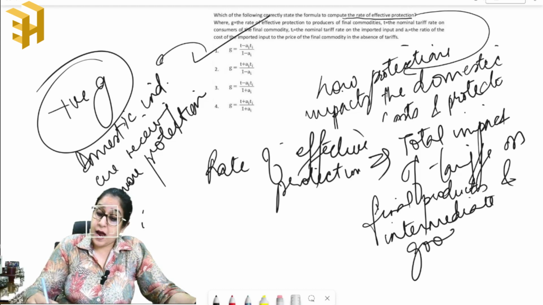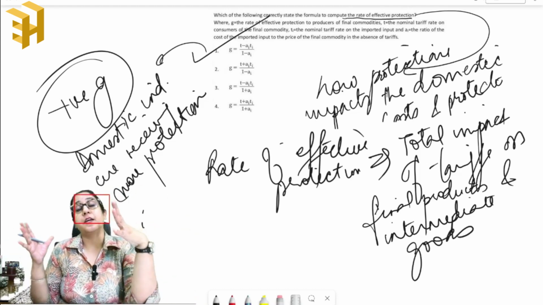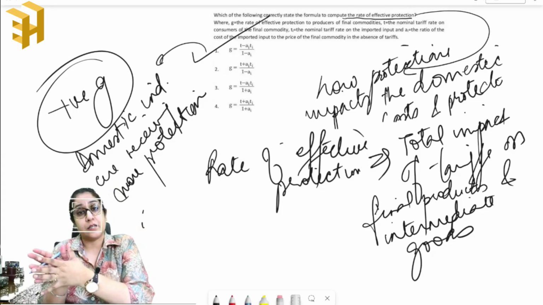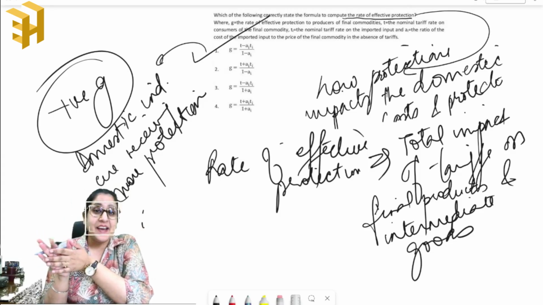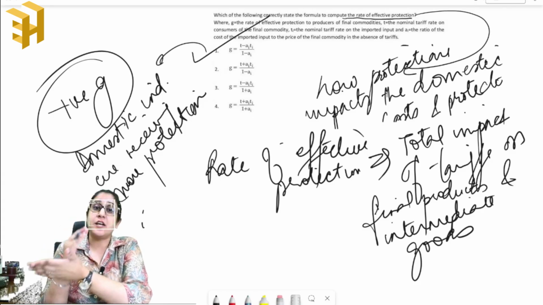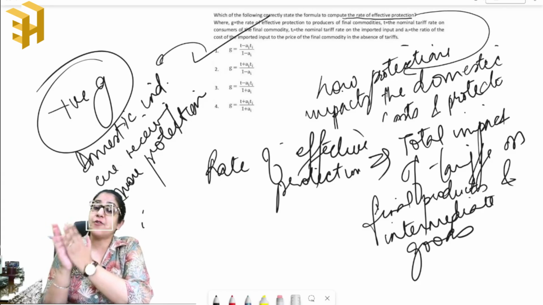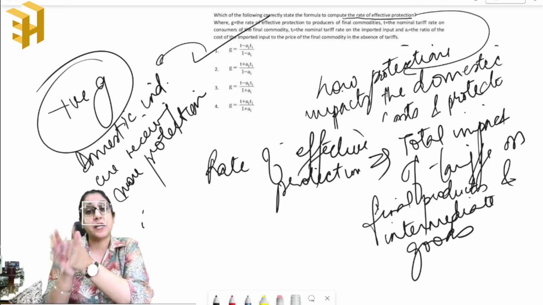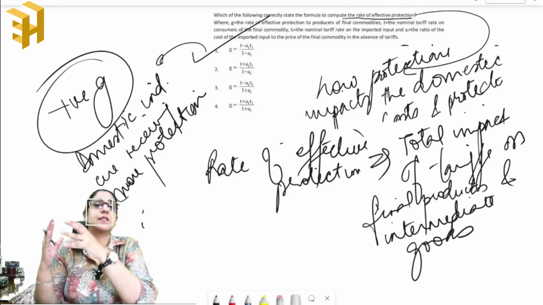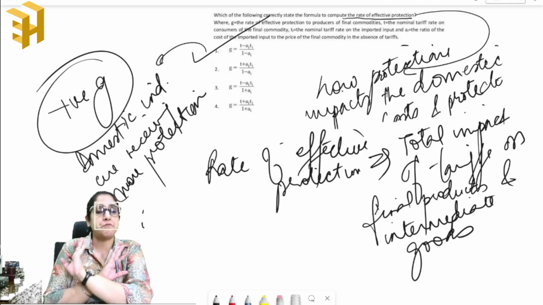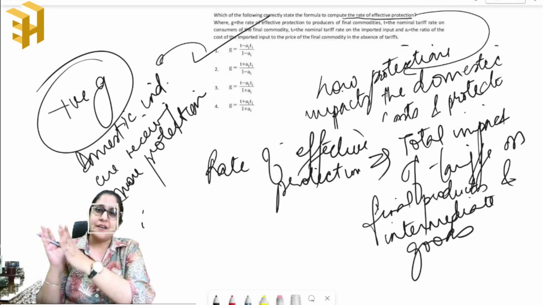So if you have to protect your domestic industries, then tariffs on your final products should be more, right? If your tariffs on inputs are more than the tariffs on final goods, you're just discouraging your domestic industries. You're just increasing their costs of production, which will be absolutely of no use, right?